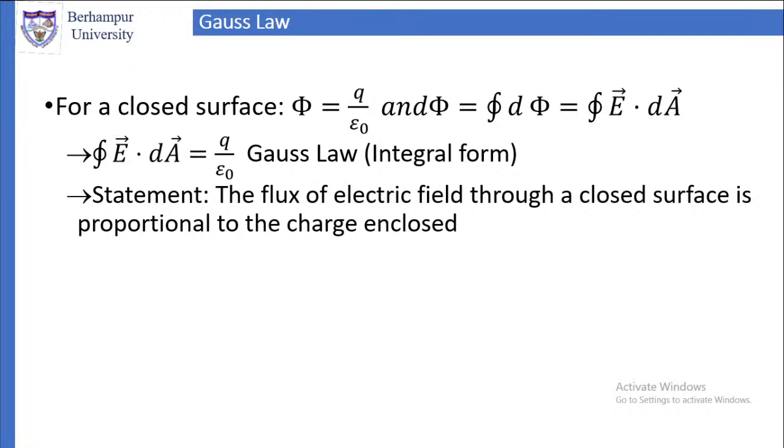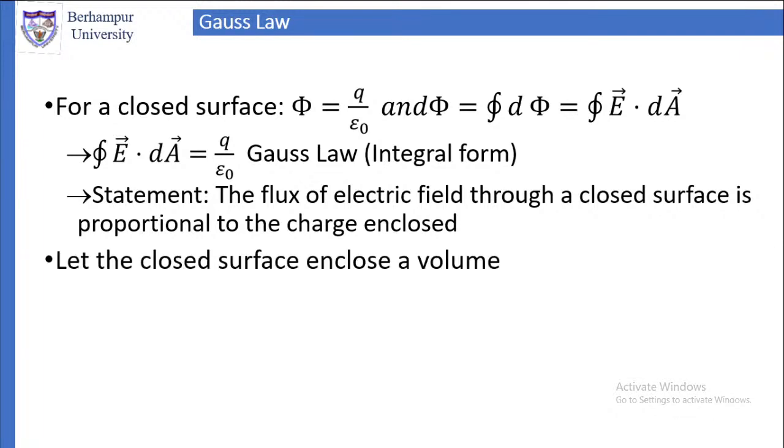Why do we say proportional to the charge enclosed? Because that is equal to Q by epsilon 0. Epsilon 0 is a constant, so 1 upon epsilon 0 is a constant. So the flux is equal to a constant times Q. Therefore you can say the flux is proportional to Q. So the flux of electric field through a closed surface is proportional to the charge enclosed.